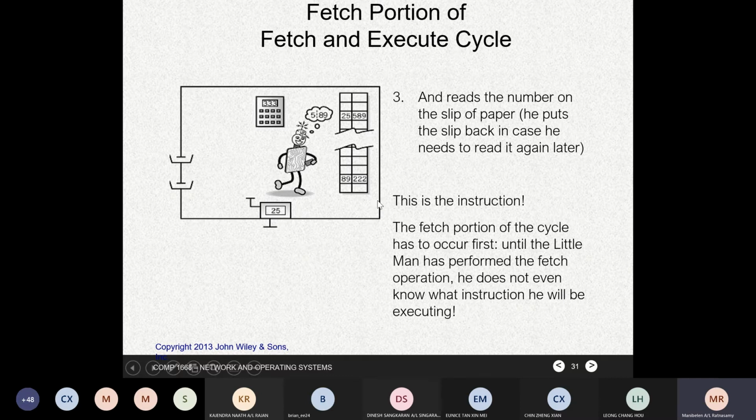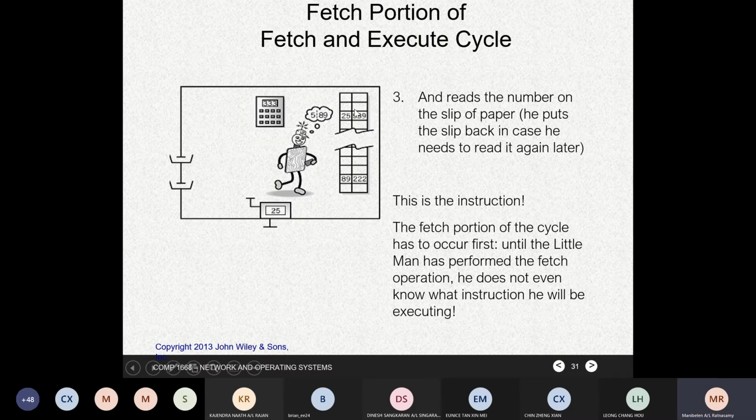So what the story here is, he has to go to the counter. The counter tells him 25, go to mailbox 25. So he goes to mailbox 25 to see the contents of mailbox 25. Only when he is here, he picks up the paper and understands he has to go to mailbox 89, because remember, the first character is the opcode, the second part is the mailbox. That is the instruction.